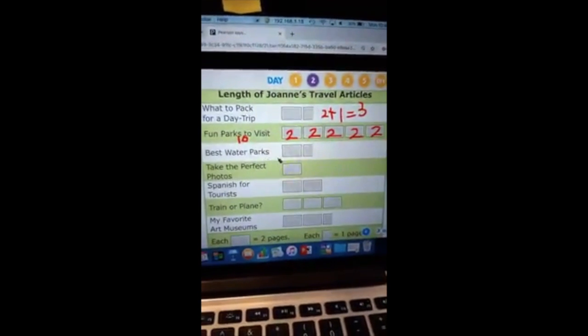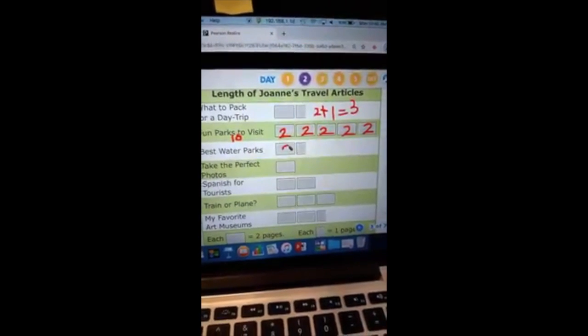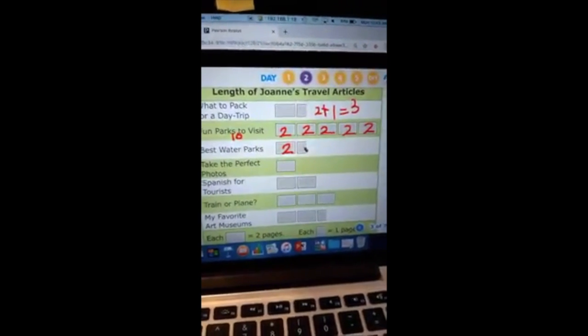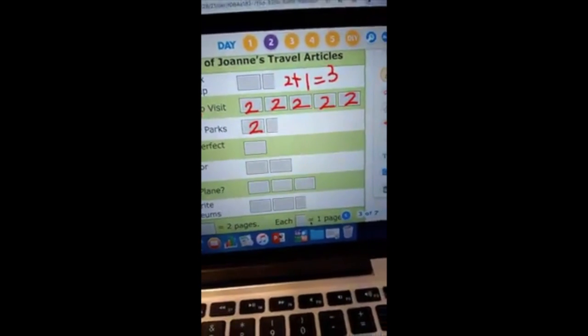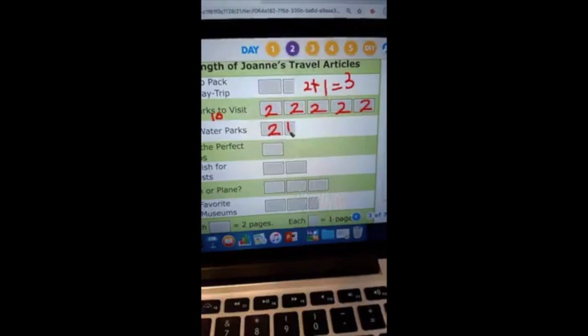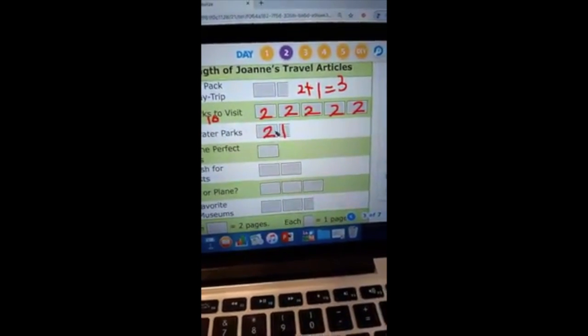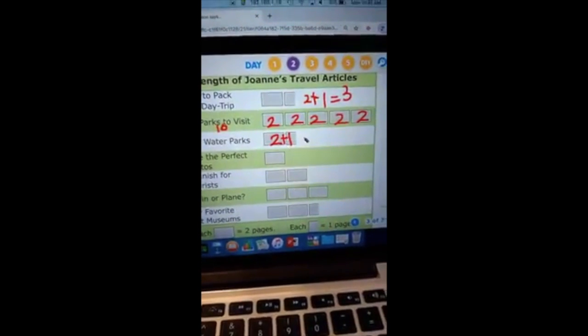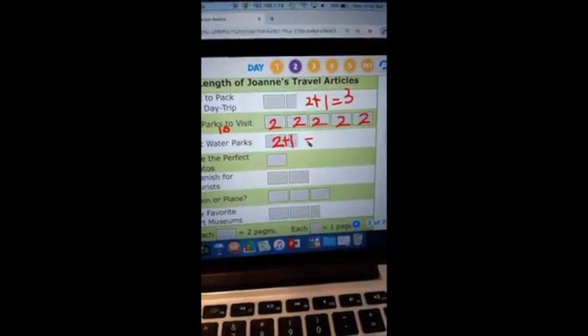For the best water parks, I am going to put 2 here because this is 2. I know that this image, according to the key, is 1 page, so I'm going to put 1. And if I do 2 plus 1, you guys know what that is.